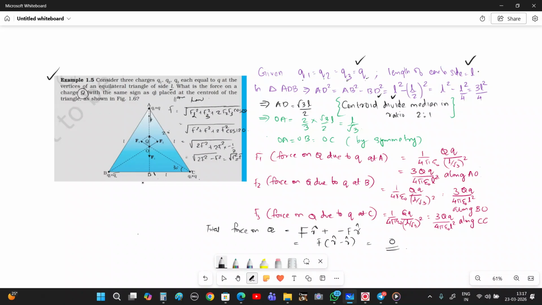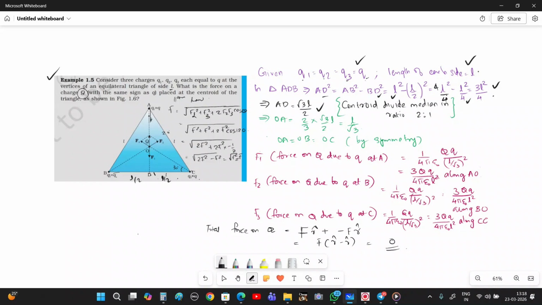BD is half of the length, since this is a median, each part will be L by 2. So L by 2 whole square. That means L square minus L square by 4. Taking the LCM, we get 4L square minus L square, that is 3L square by 4. So we got AD square as 3L square by 4.